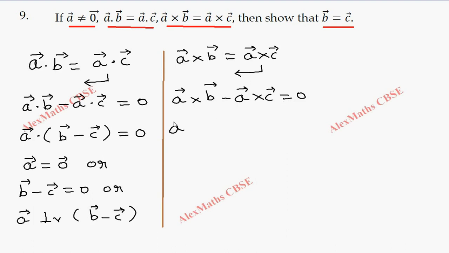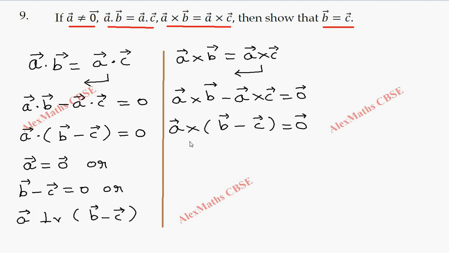Now taking a cross common, a vector cross bracket open b vector minus c vector equal to 0. Since this is the cross product and the result is a vector, we have to put a 0 vector here. But in the previous one it is a dot product, so the answer is a scalar, and we can put only 0.